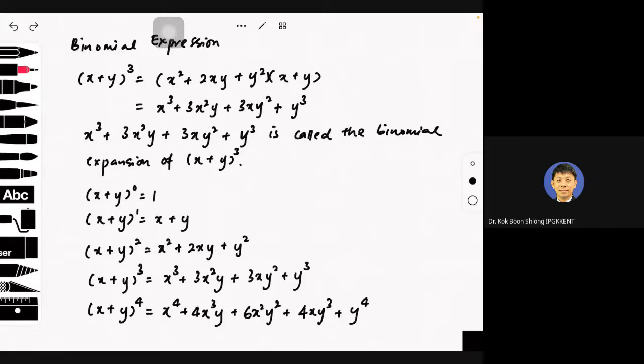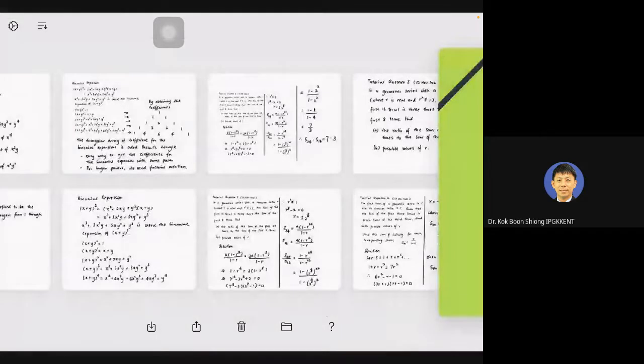If we go further, (x+y) to the power of 4 equals x to the power of 4 plus 4x cubed y plus 6x squared y squared plus 4xy cubed plus y to the power of 4. So this is binomial expansion.